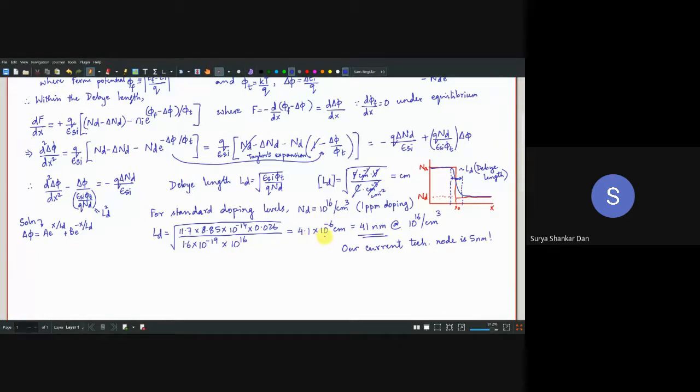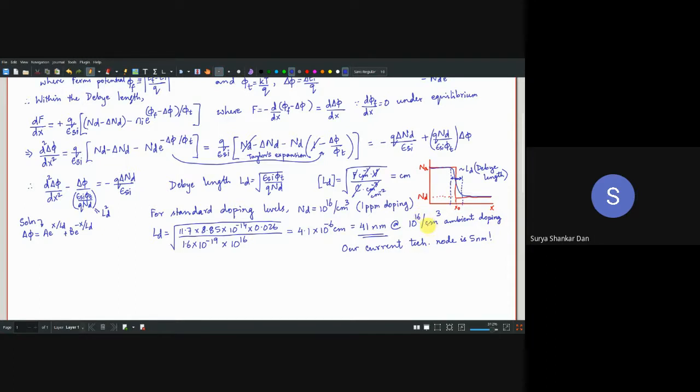You can do the calculation yourself. That is nothing other than 41 nanometers for an ambient doping, that means doping in that region, of 10 power 16 per centimeter cube.